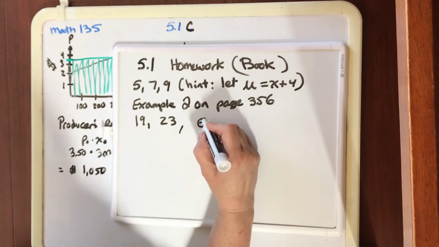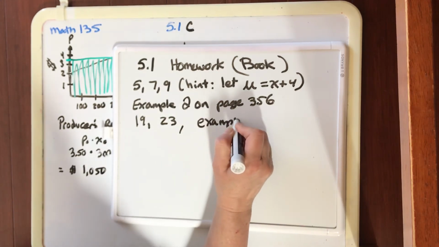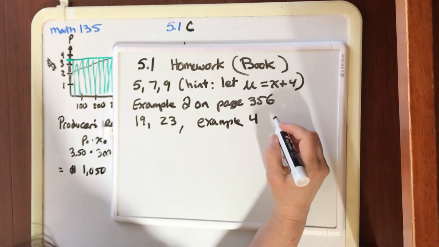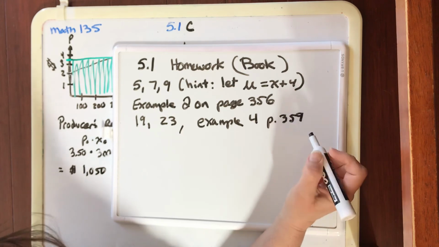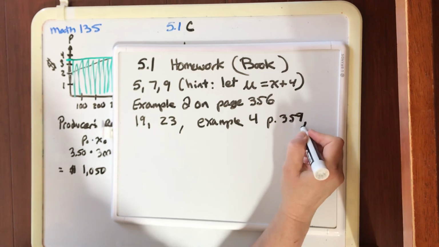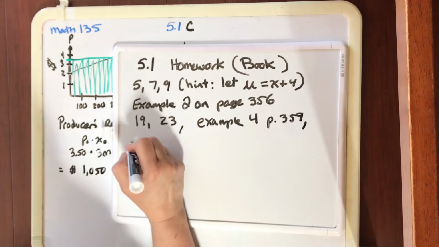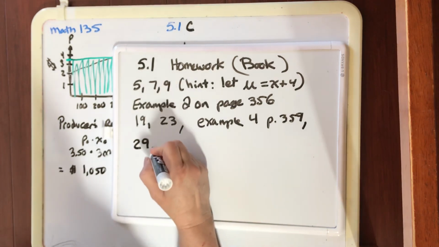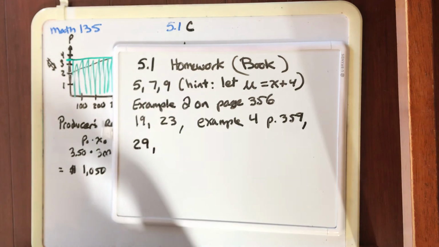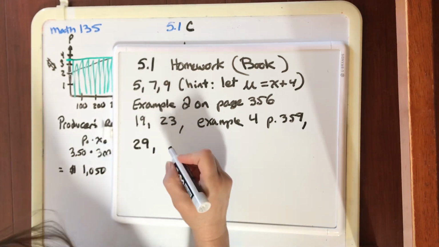And then you're going to do example 4 on page 359. Okay? Actually do the example. That's part of your homework. And then do problem 29. All right? This requires a lot of writing on these examples, so it's just best that you look at it.